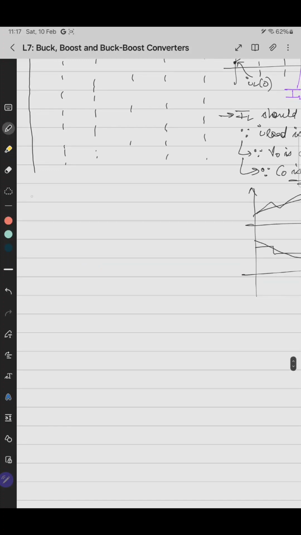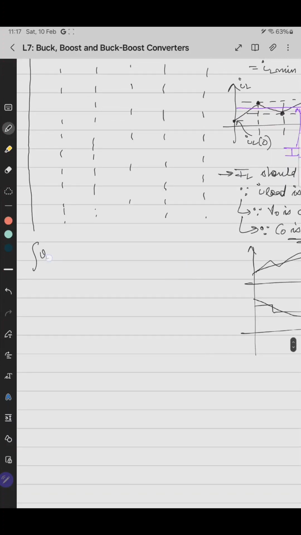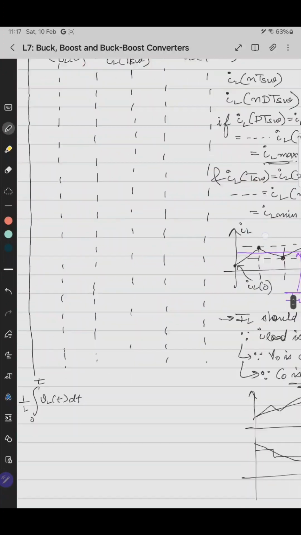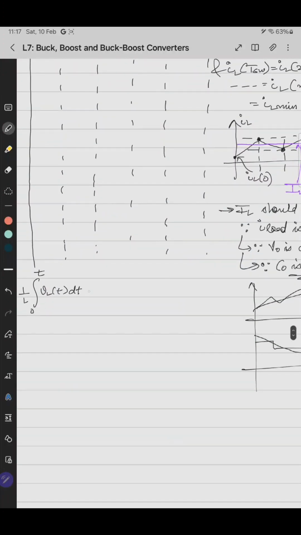So which means that the integral of VL of t dt, times 1 by L, from 0 to t switching, should tend to 0. Instead of t, we write t switching.